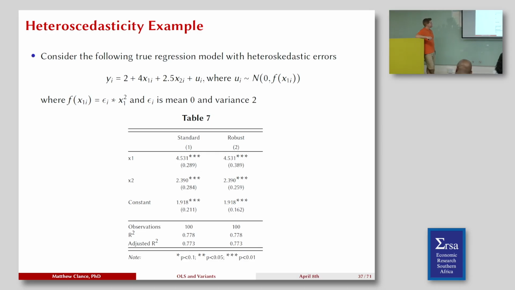Once I use robust, my standard errors went up by roughly 20%, about. So in that case, I was underestimating.